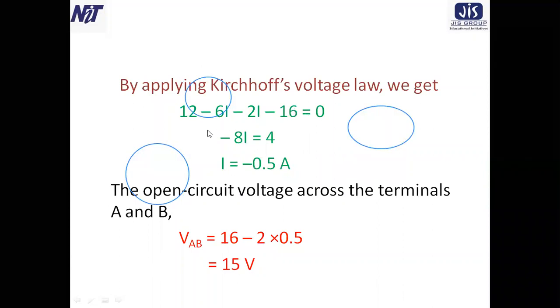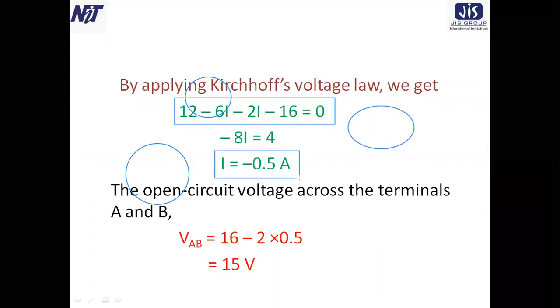So here in the given circuit we just use the simple Kirchhoff's voltage law, and then we find that the current flowing through the circuit is I equals minus 0.5 ampere.